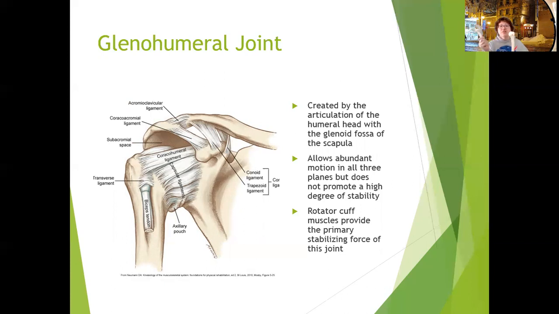The rotator cuff muscles provide the primary stabilizing force for this joint. And probably you'll notice in physical therapy how common rotator cuff injuries are. So when your stabilizers aren't working, you have an unstable joint. So we work on rehabilitating rotator cuff injuries and surgeries all the time.